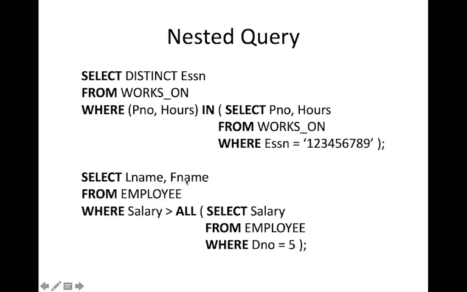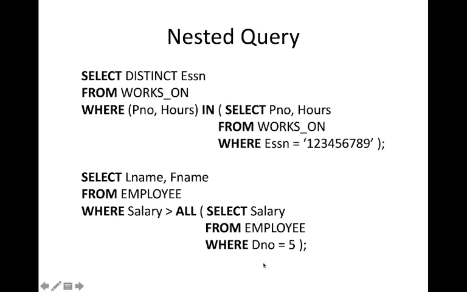So we are selecting last name and first name from employee where salary greater than all. So greater than all, greater than some, all these are comparison operators. You can have greater than all, less than all, greater than or equal to all, like that.